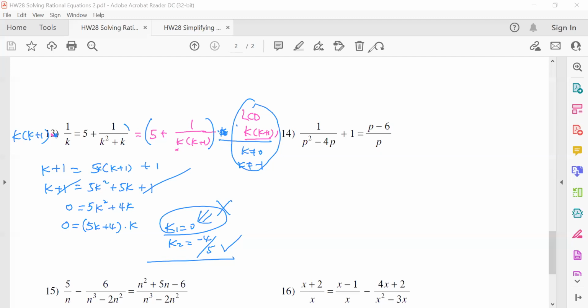Okay, let's move on. 14. All right, so first we move this one to the right part first. Move to here. All right. So also do some proper transform. So here is p minus 6 minus p, right? p is gone, so it's -6/p.